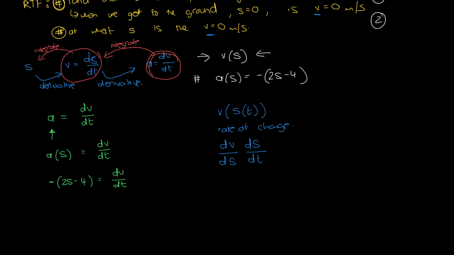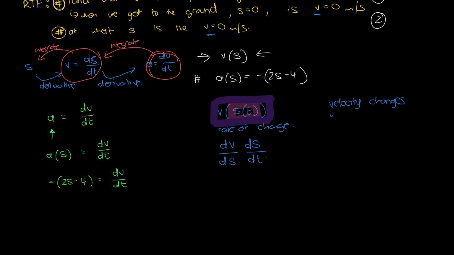So let's just go through that a bit slower. So we have an inner function, and then we have an outer function, which is the velocity. So the velocity changes with respect to the position.